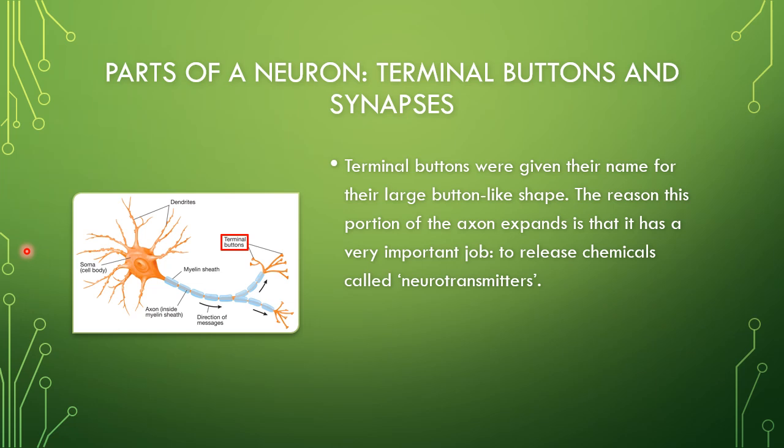We've talked about the soma getting information and making a decision about whether the neuron should fire one of these big electrical impulses. If that happens, the electrical impulse will travel down the axon and all the way out to the terminal buttons, and it triggers the release of chemicals called neurotransmitters.